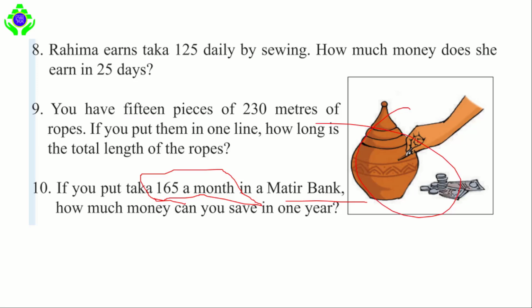So first of all, we need to clarify that 1 year means 12 months. Then I can make a procedure to solve this question. So let's move on to the solution.